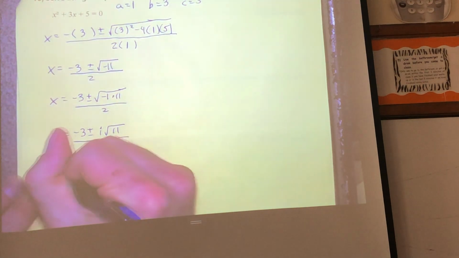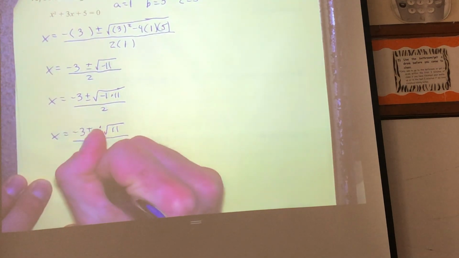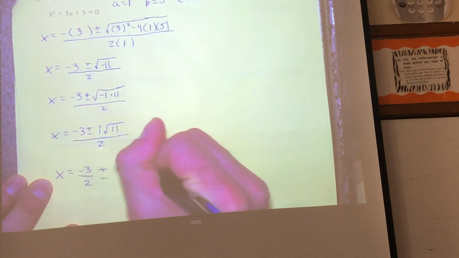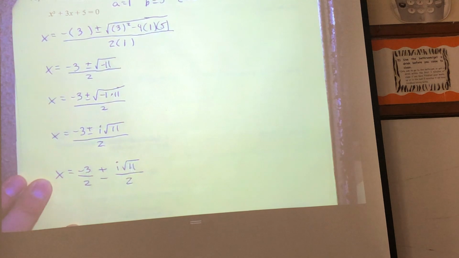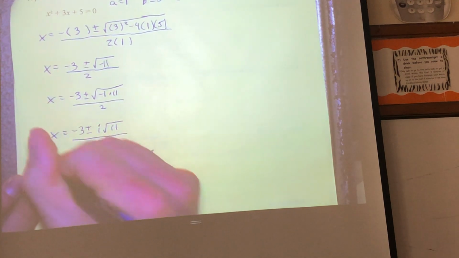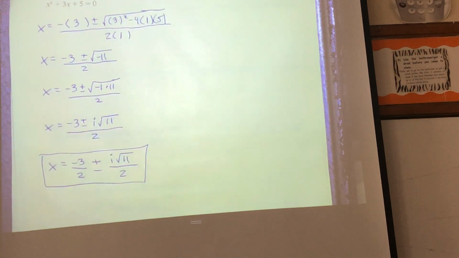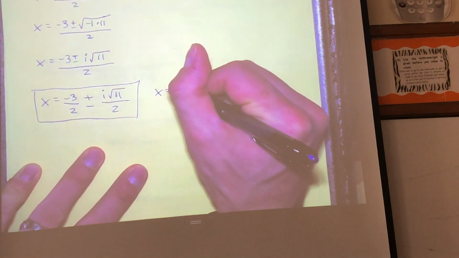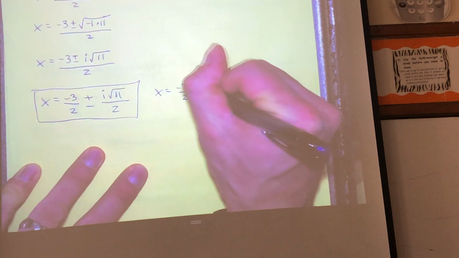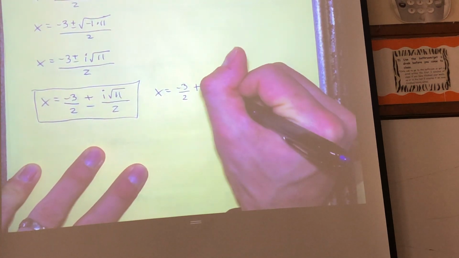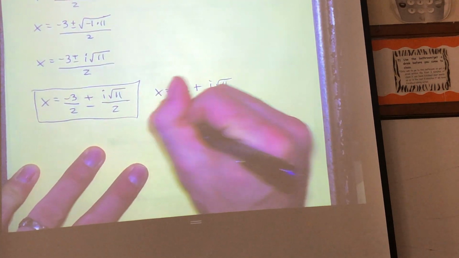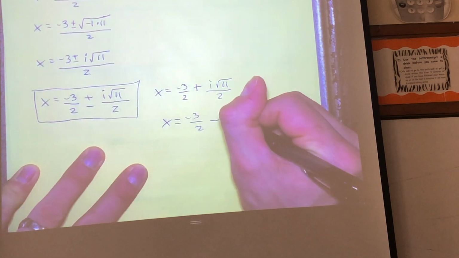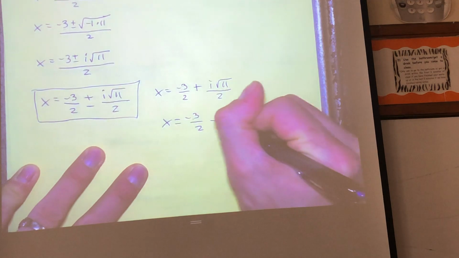I'm going to rewrite this as x is equal to negative 3 over 2 plus or minus i radical 11 over 2. You can leave your answer like that. You can also break into 2 parts. So you have x is equal to negative 3 over 2 plus i radical 11 over 2. x equal to negative 3 over 2 minus i radical 11 over 2.